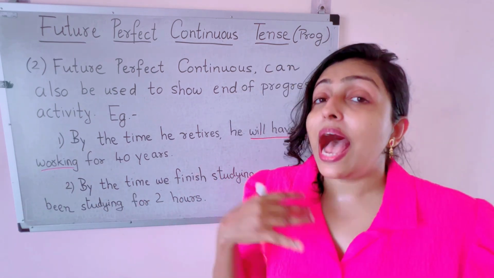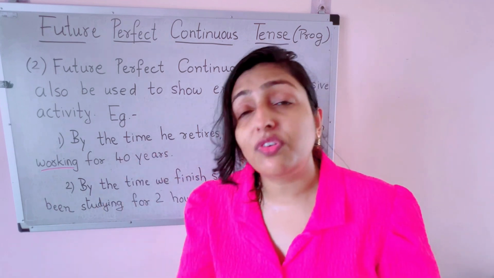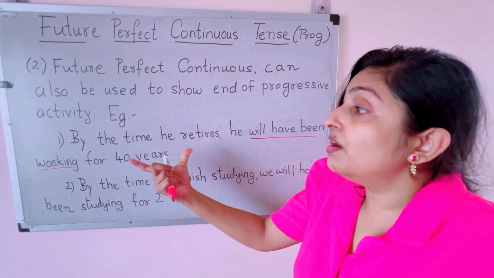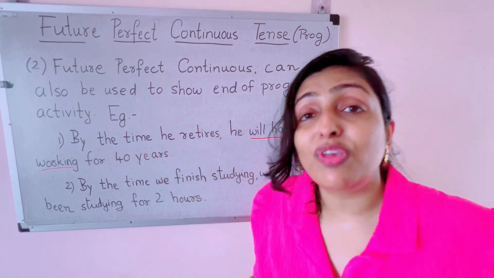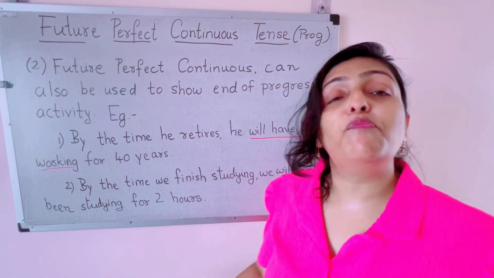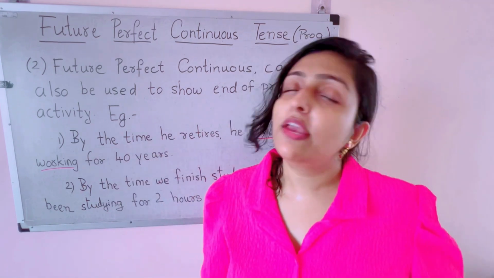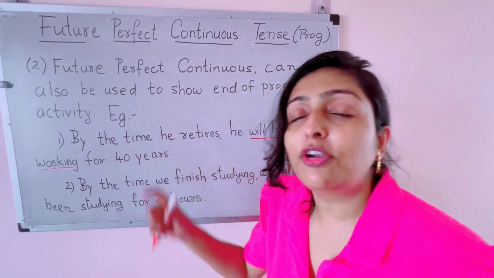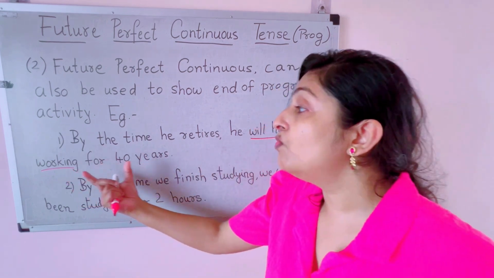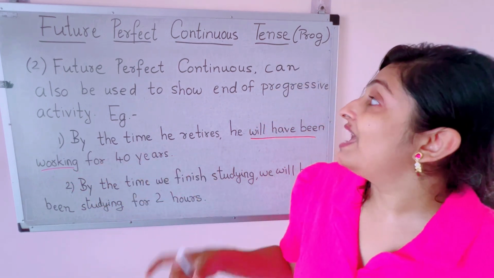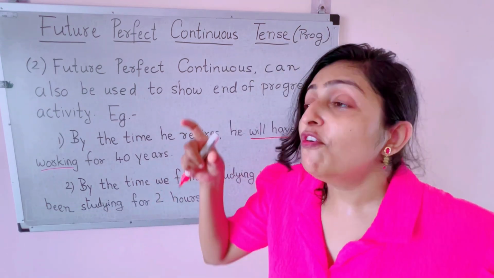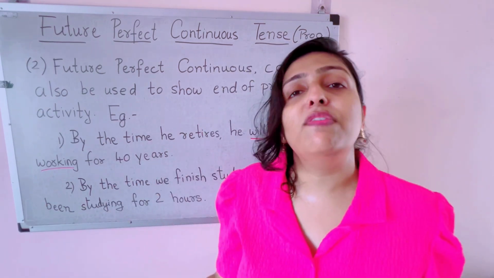That means I can study even after 3 p.m. The action goes on. But here he is letting me realize that when he retires, he will stop working. And overall, he would have worked for 40 years. By the time he retires, he will have been working for 40 years. There is an end of that activity. So when he retires, he will not be working.